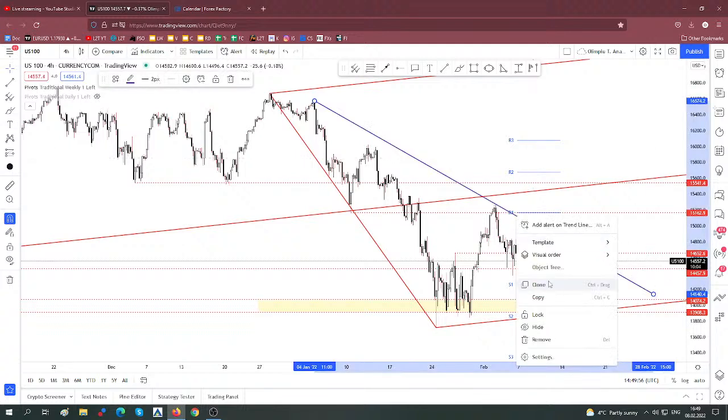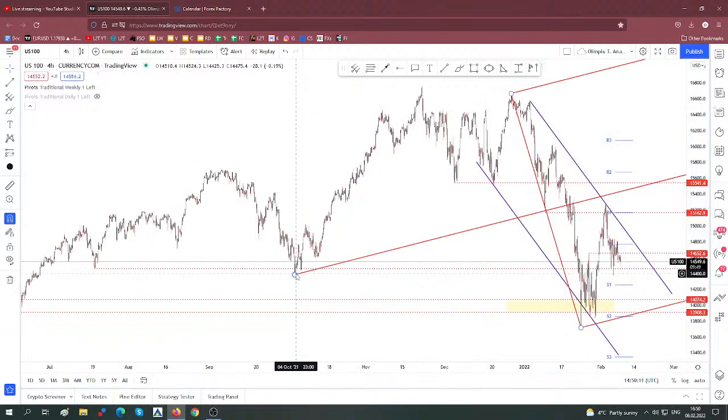In US 100 or actually on US equities, you can see here that 14,457 stands as support. Also we have this former low here, this pivot, but I've told you that Orlando's pending order, I believe is still valid, and Orlando will come back with his update if the price will approach and reach its entry on US 100.